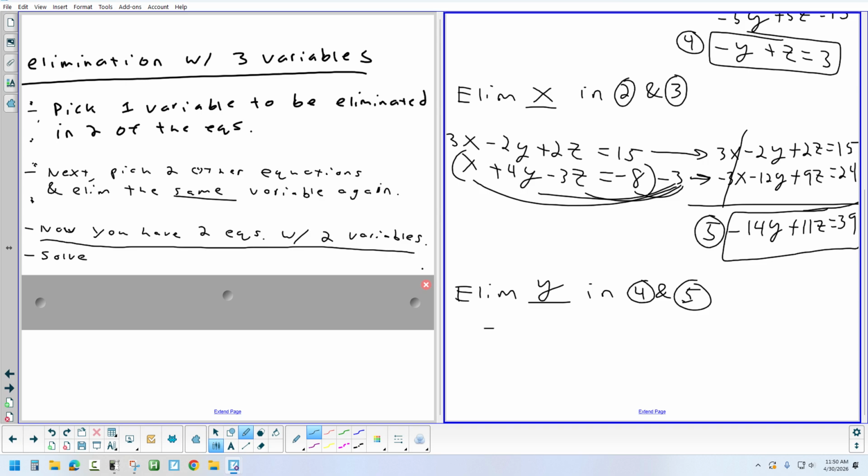So equation 4: negative y plus z equals 3. And equation 5: negative 14y plus 11z equals 39. Okay, so what are we going to multiply the top equation by to make y disappear? Negative 14. Yep.